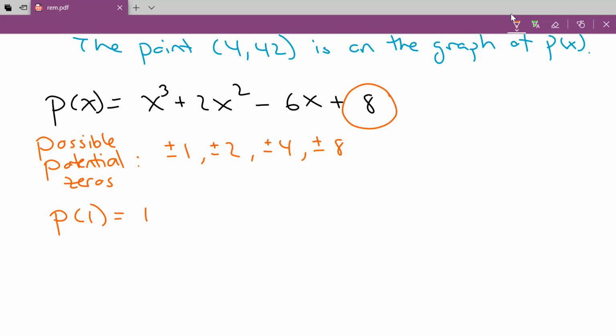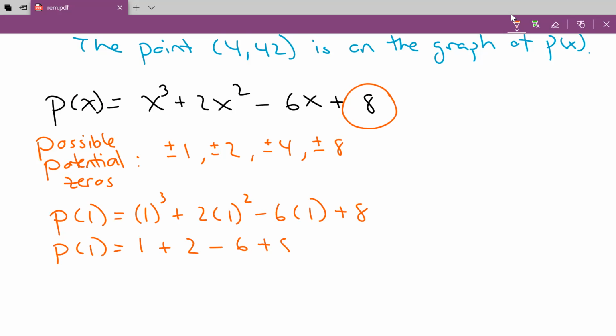I sub it in, and I see what I get. Well, p at 1, 1 plus 2 minus 6 plus 8. Well, that's 3, that's 11, that's 5. Well, that's the point 1 comma 5, but it's not an x-intercept, right?